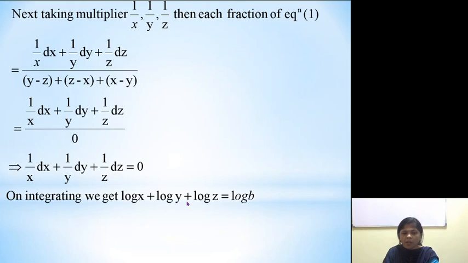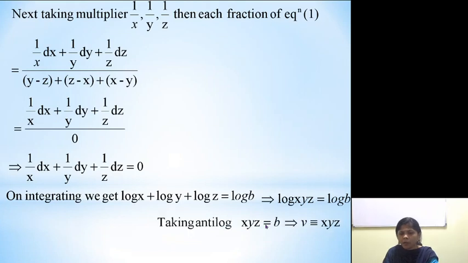Applying the law of logarithm, log a plus log b plus log c is log of abc, so we have log of xyz equal to log b. Taking the antilog, we have xyz equal to b, and leaving this arbitrary constant b, we get the second independent solution, that is v equal to xyz.